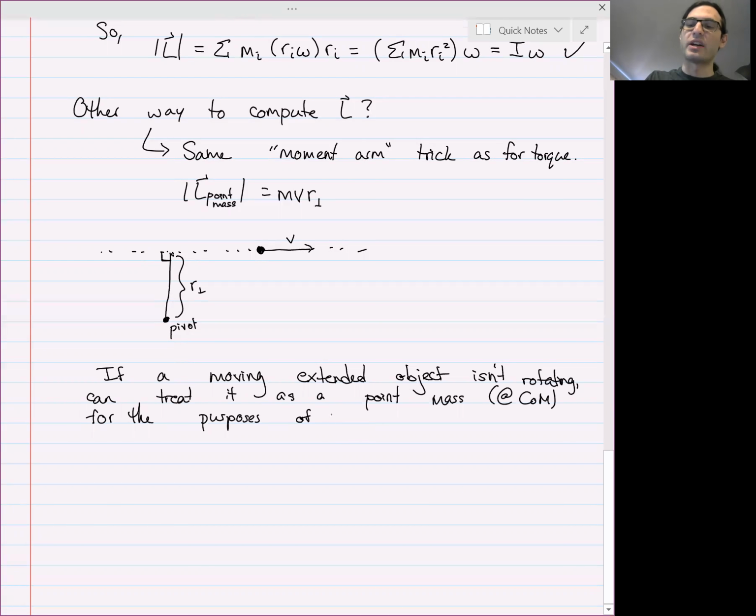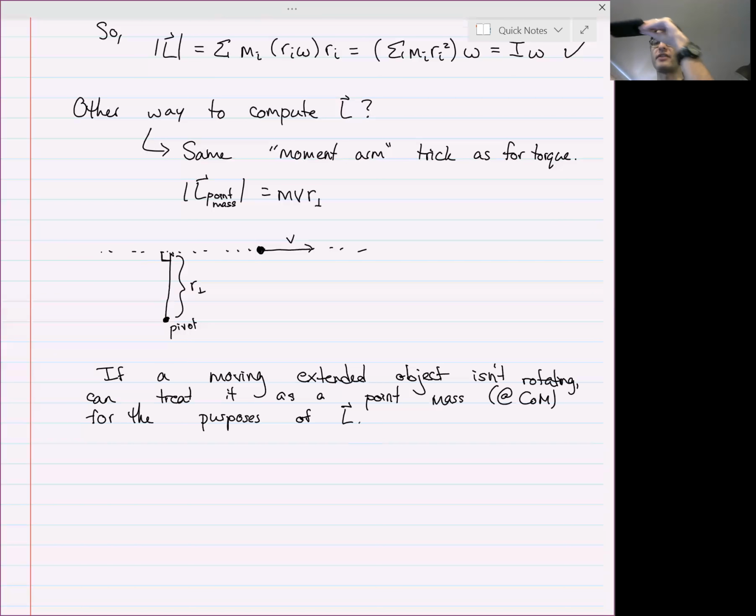So this is just to say that if an object isn't rotating about its own central axis or something like that, then the only component of its angular momentum that actually contributes is the angular momentum that you would get if all of its mass were concentrated down to a single point. Now, the consequence of this is that the way that you find the total angular momentum of a system is you find the angular momentum treating all of the mass as if it weren't rotating.